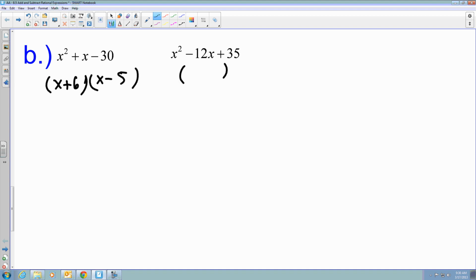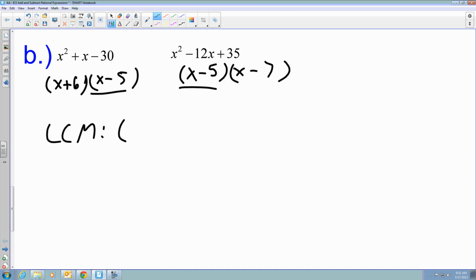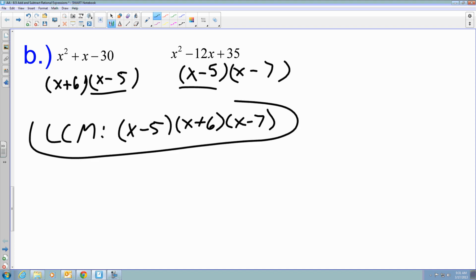Here I can go reverse FOIL. I got x and x, minus and minus, and that'll give me 5 and 7. So my least common multiple here is going to be, I got these in common, so I only have to write those once. And then I just fill in the rest. And that would be my least common multiple.